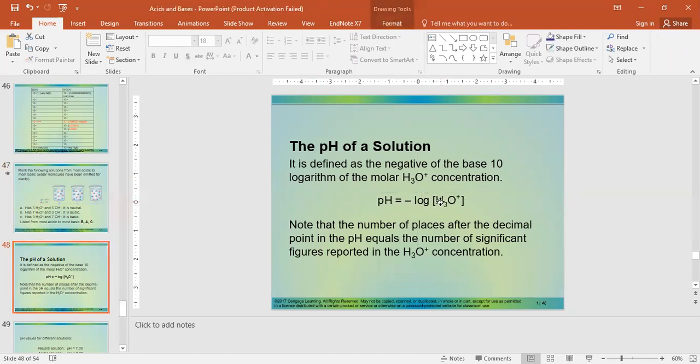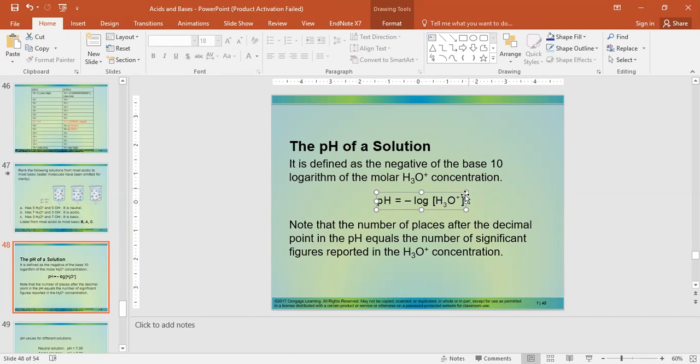You can see pH is equal to the negative logarithm to base 10. This base 10 is not shown in this formula. A logarithm to base 10 we call a common logarithm, and with common logarithms we rarely show the base. But it is also good that you show the base in your calculations.